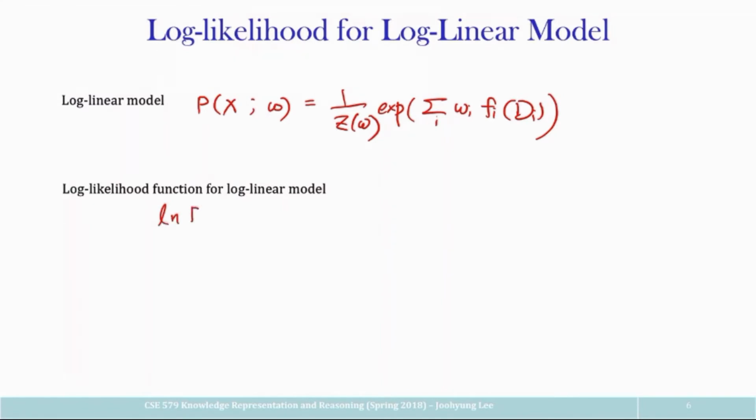So log of P(x). So what does this function look like? Summation of w_i f_i(x). I assume that you're familiar with calculus, right? So if you have log of the fraction, what do you get? Log of the numerator minus log of this, right?